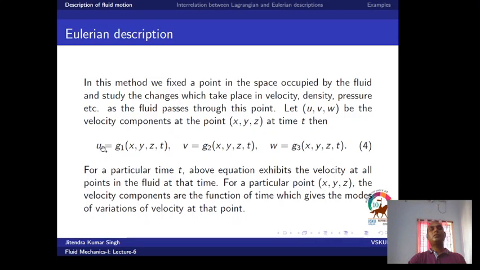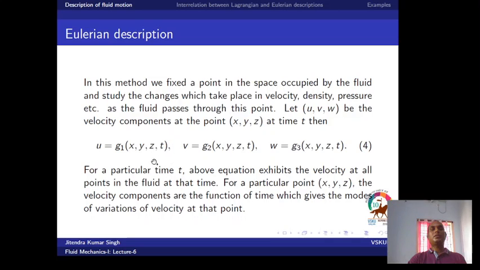Then u, v, and w will be functions of the space coordinates x, y, z and time t. So u is a function g1 of x, y, z, t, v is a function g2 of x, y, z, t, and w is a function g3 of x, y, z, t.